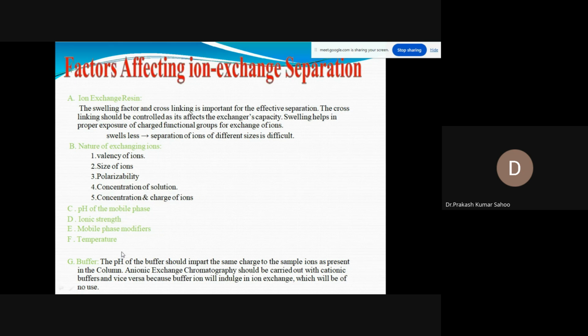Then we have the mobile phase modifiers, where the mobile phase is sometimes modified using different solvents. Then the last factor is the temperature factor. Sorry, this is not the last.